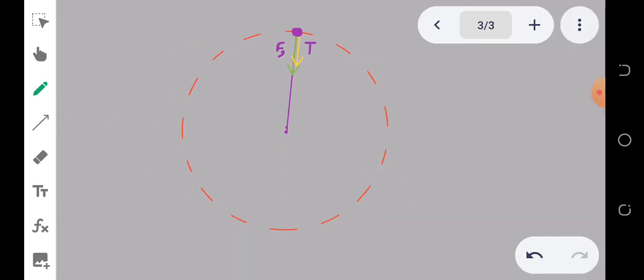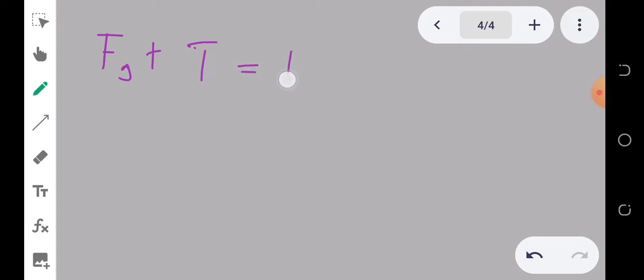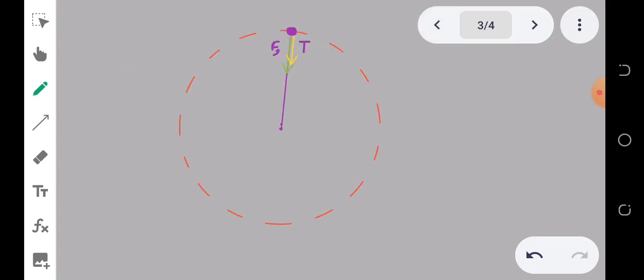So the equation now will be the force due to gravity plus the tension force will be equal to the force due to the centripetal acceleration. All of them will be positive, because they are all acting downwards, as the graph here shows.